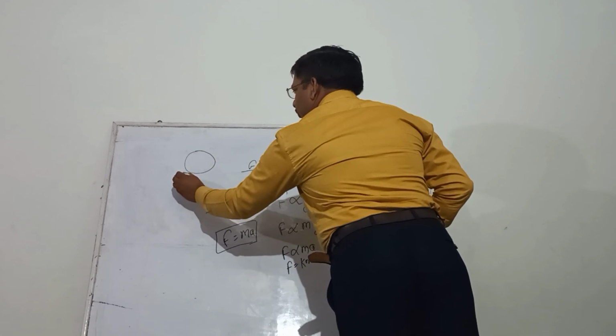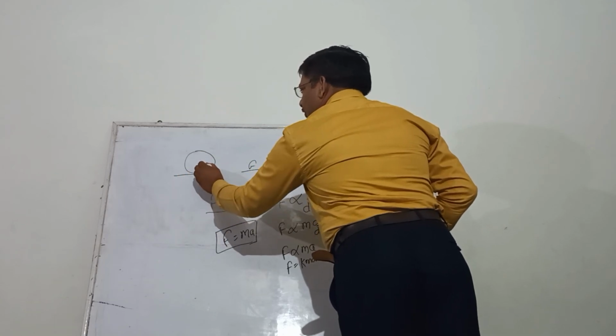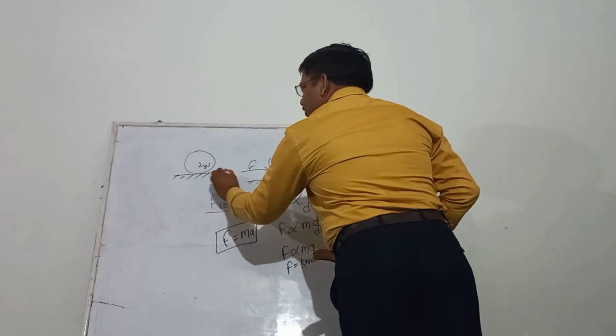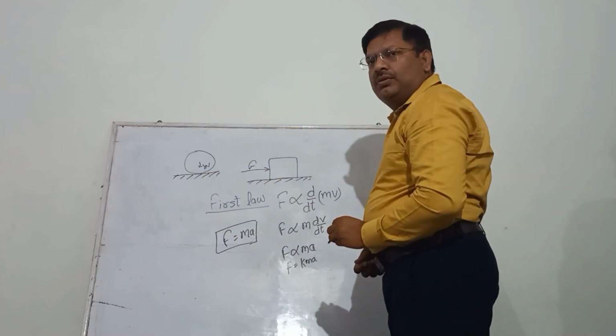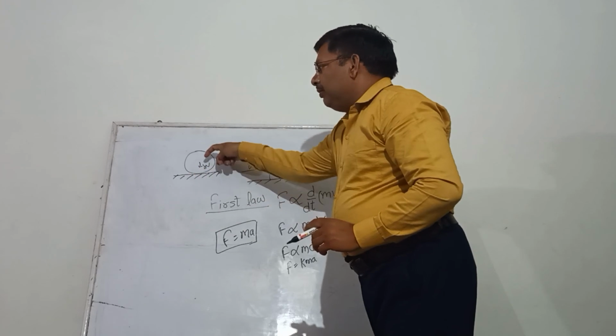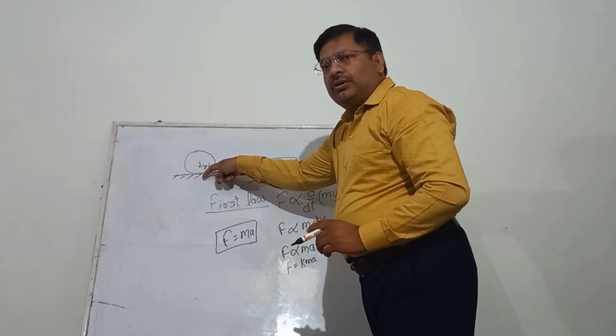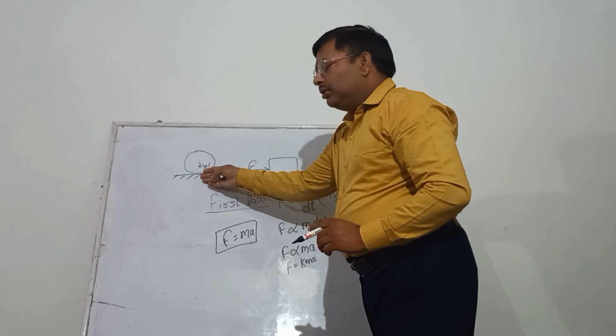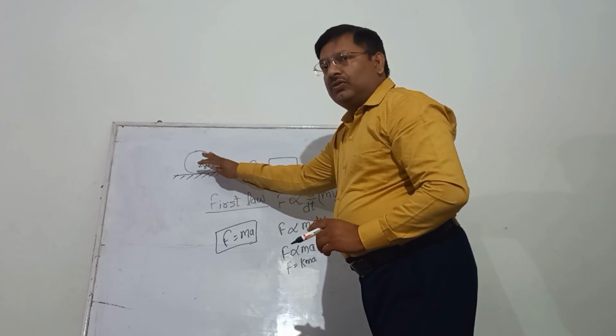Just like, this is a body of weight W, and this body is resting on this surface. So this surface will bear the weight of this body. Now, according to the third law of motion, to each and every action there is always an equal and opposite reaction.